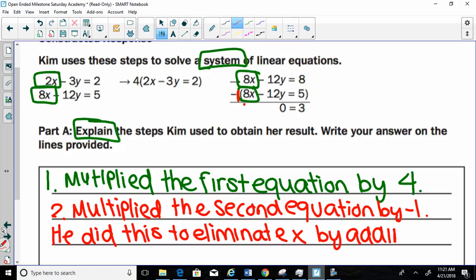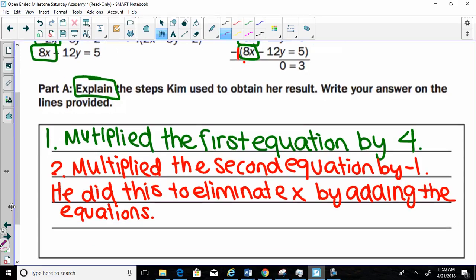So, when he added the equations, what happened? The X crossed out.